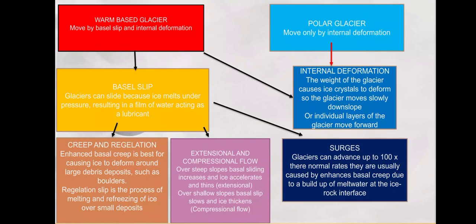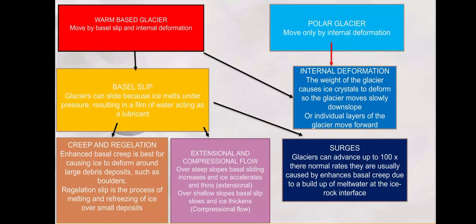So we have also the creep and regelation, or the enhanced basal creep, which is best for causing ice to deform around large debris deposits such as boulders. So regelation slip is the process of melting and refreezing of ice over small deposits.